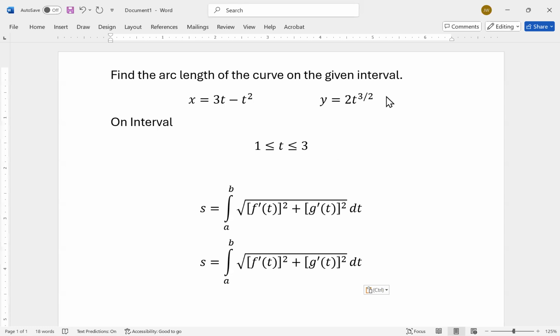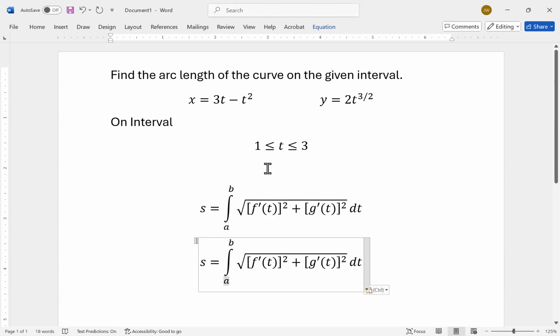Before we start going too fast here, I want to just say that arc length is usually denoted by a lowercase s, so that's why we use that.